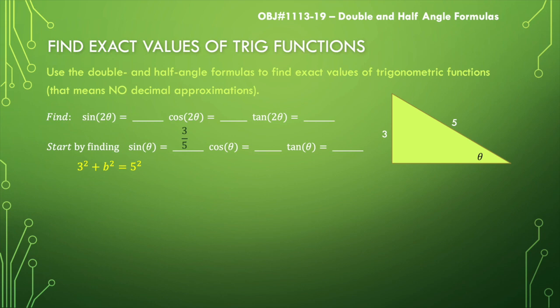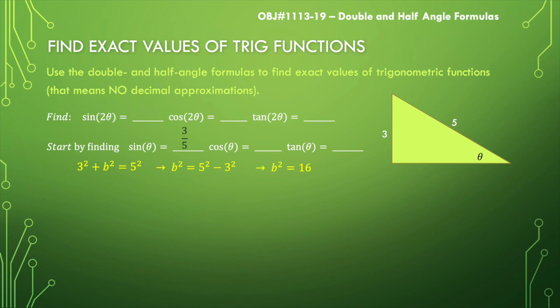Now the next thing I'm going to do is use my Pythagorean theorem to find the missing side of this triangle. I can say a squared, or 3 squared, plus b squared is equal to c squared, or 5 squared. Which means that b squared would equal 5 squared minus 3 squared, so b squared is equal to 16.